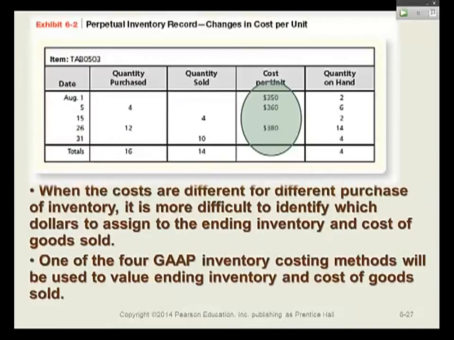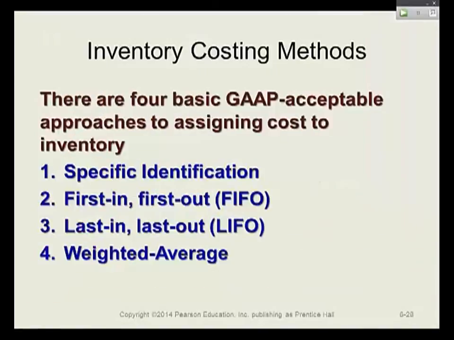So when we look at the changes in cost, we're changing the example now. We start off at 350, and I'll put this up on the screen in a second, but now we're looking at rising prices. We're experiencing inflation. So costs are going to 360 and to 380. And now we have to think about one of the generally accepted accounting principles that we can use, and there they are. We can either use a specific identification method.